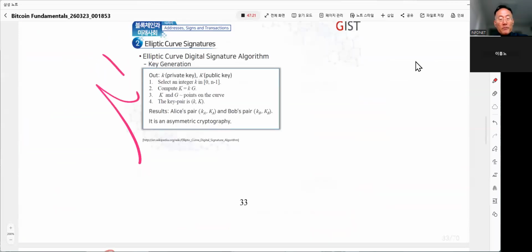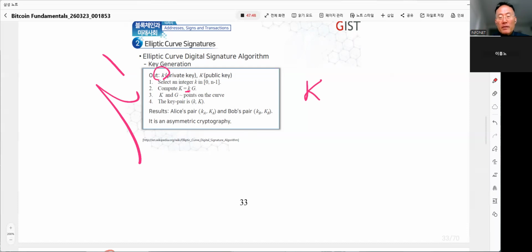Basically here, as you can see, small k is a private key, large K is a public key. You select a random integer k in a large number space, and then computing the public key is adding G, k times.